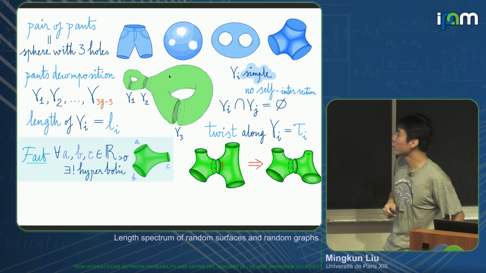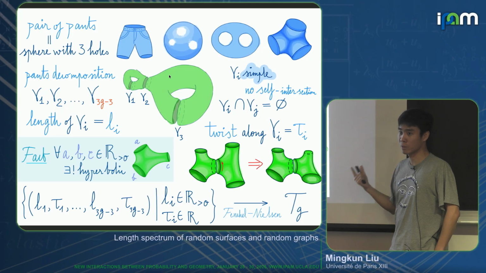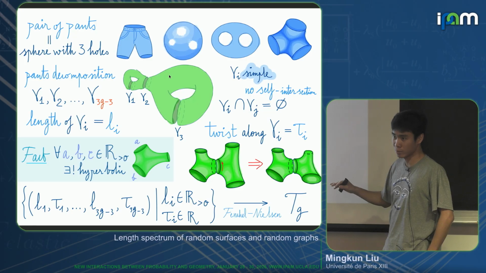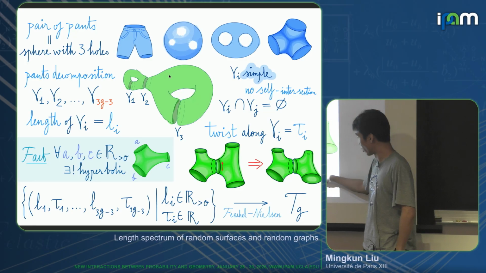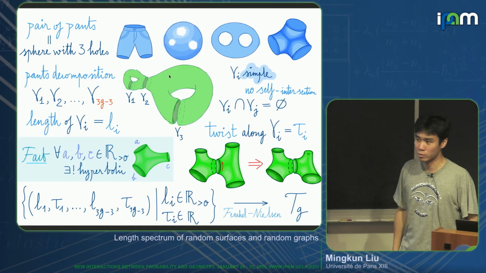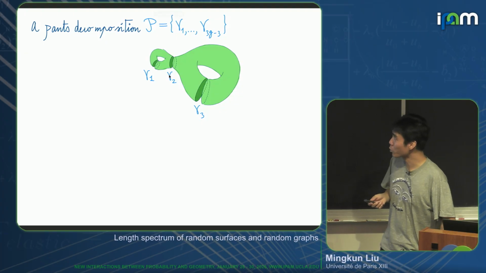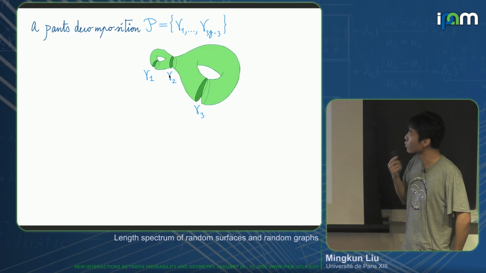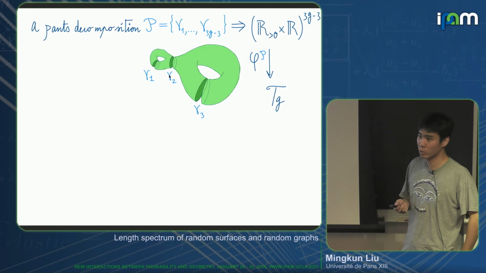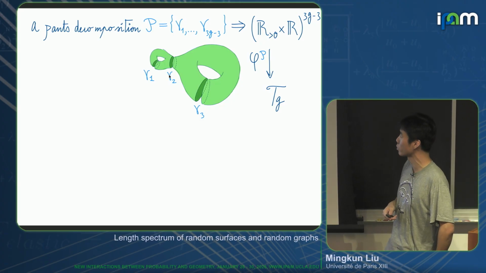So finally, for every curve, you have 2 parameters, the length and the twist parameter. But it turns out that is all you need to determine a point in the Teichmüller space. And this is the so-called Fenchel-Nielsen coordinate system. Okay, just to sum up: once you have a pants decomposition of your surface, you get a homeomorphism from Euclidean space to your Teichmüller space. And this is the Fenchel-Nielsen coordinate system.